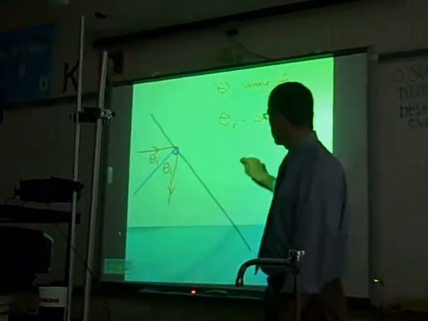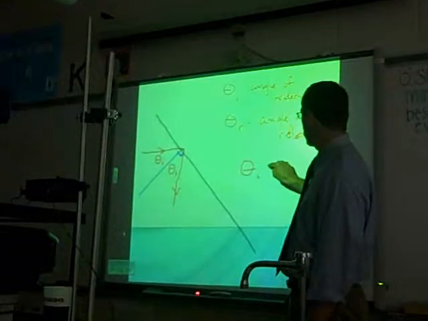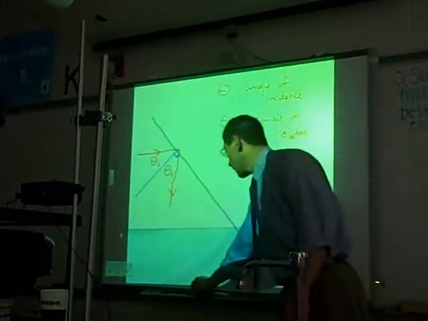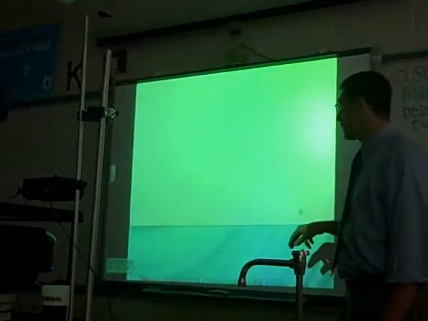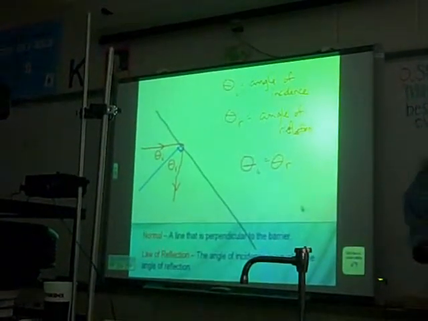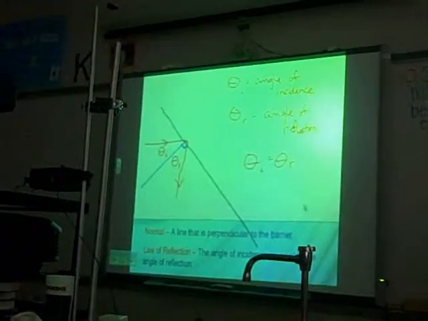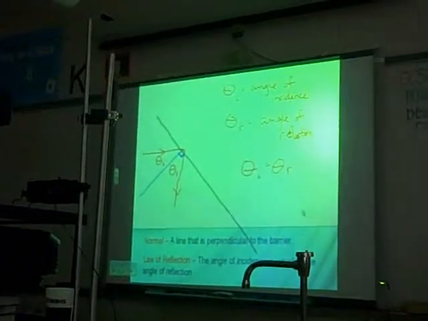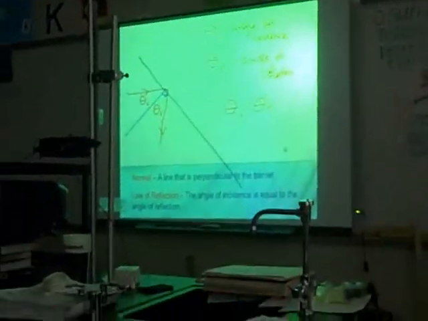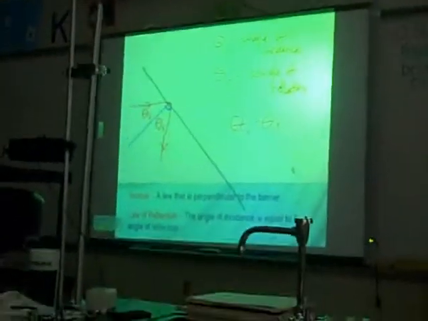What we see is that if we measure, theta I equals theta R. The normal is drawn in perpendicular to the barrier, and what we see is that the angle the incident ray makes with the normal is equal to the angle the reflected ray makes with the normal.